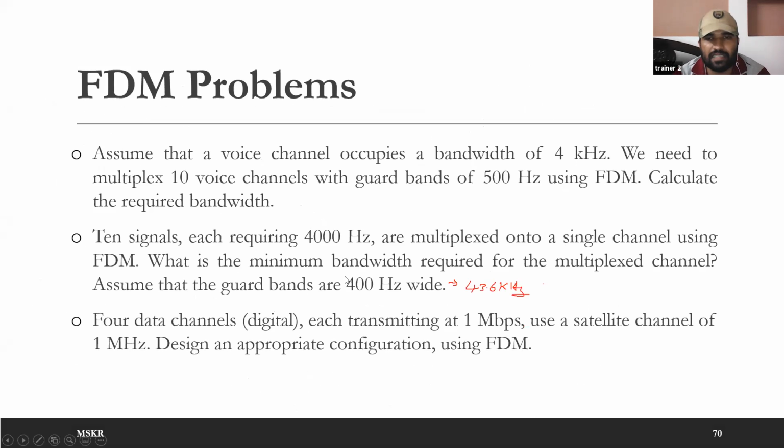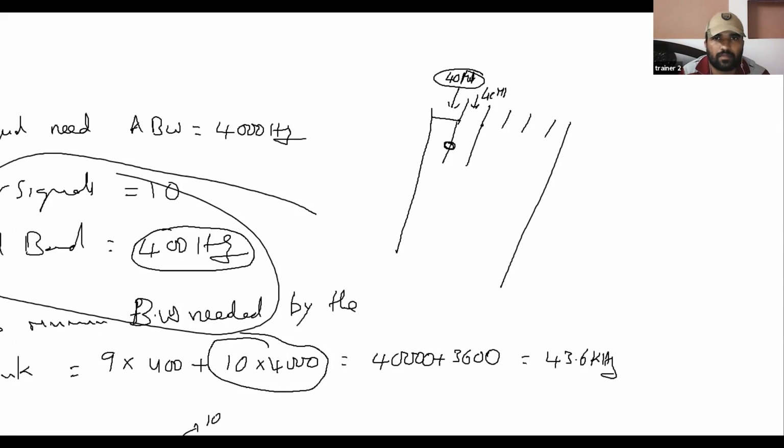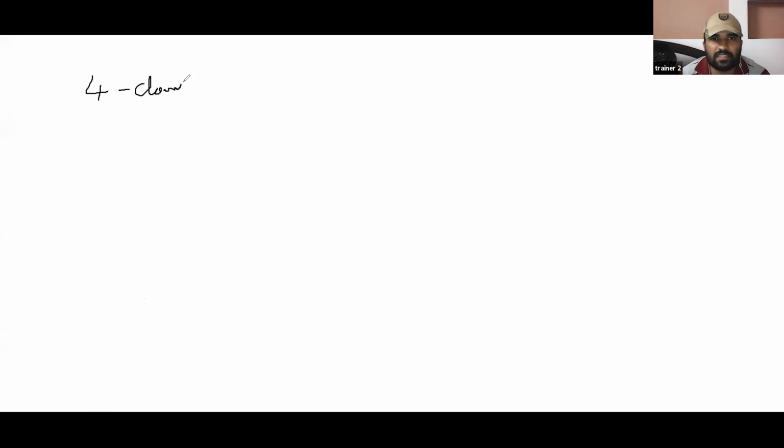Okay, so this is another question. Just note this question. So there are 4 channels with 1 Mbps data rate.